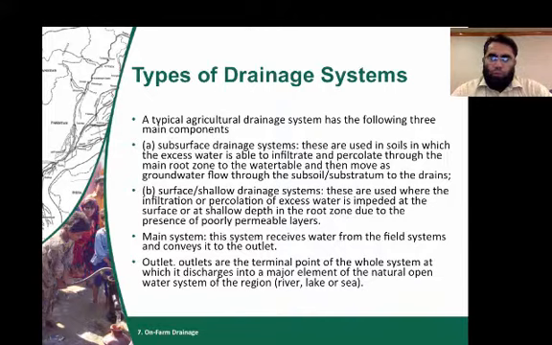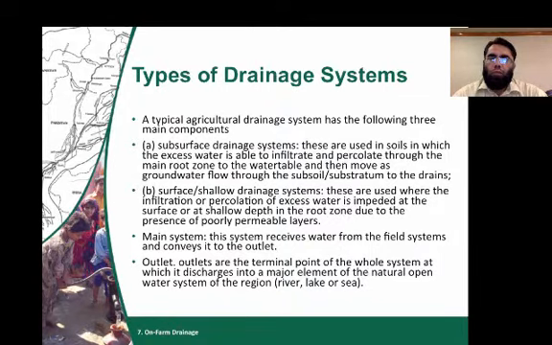Okay, now we will discuss different types of drainage systems which can be used at the farm level. We have the subsurface drainage system, surface drainage system, main system, and the outlet. Subsurface drainage systems are used in soil in which the excess water is able to infiltrate and percolate through the main root zone to the water table and then move as groundwater flow through the subsoil to the drain.